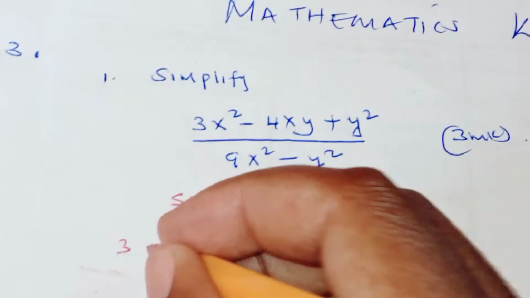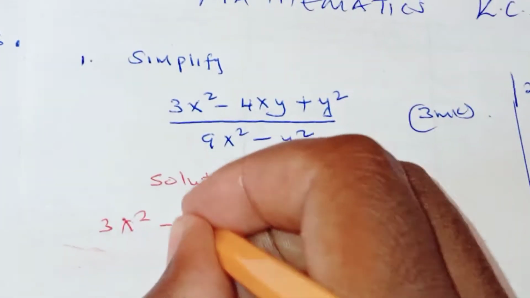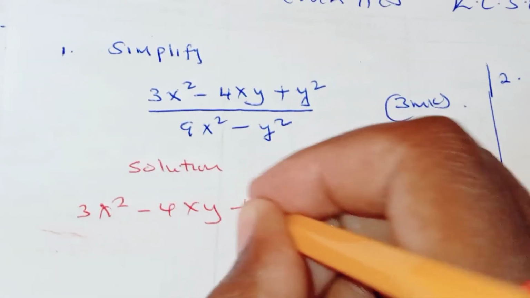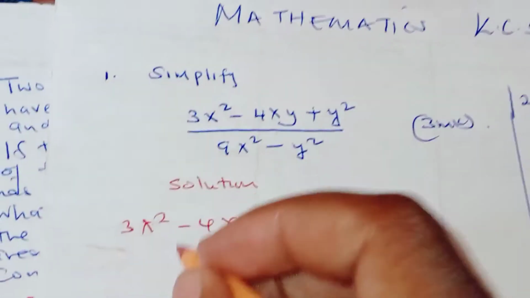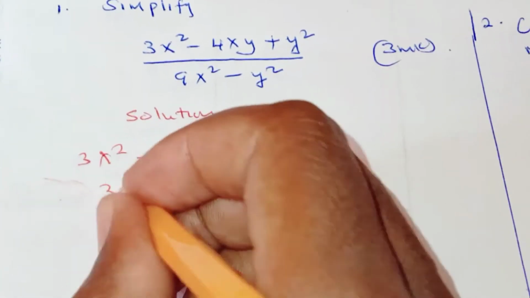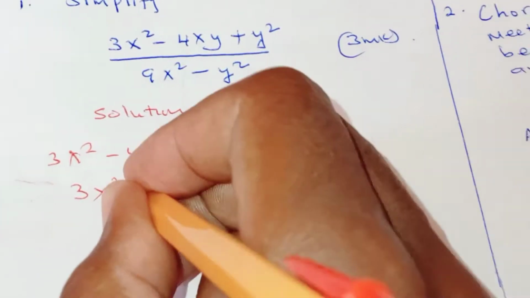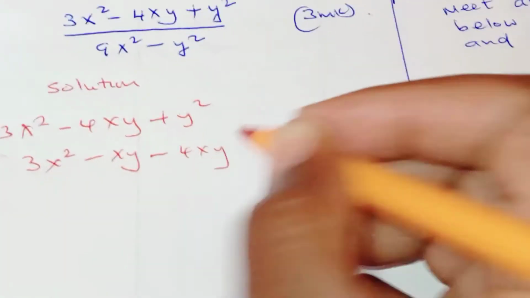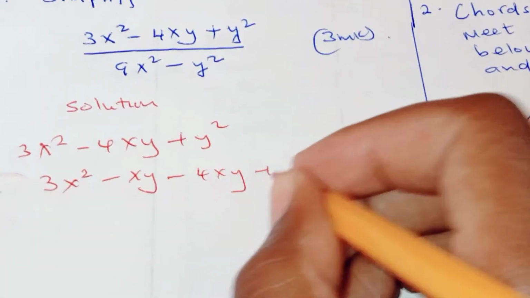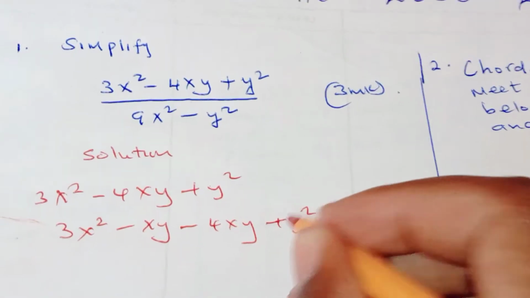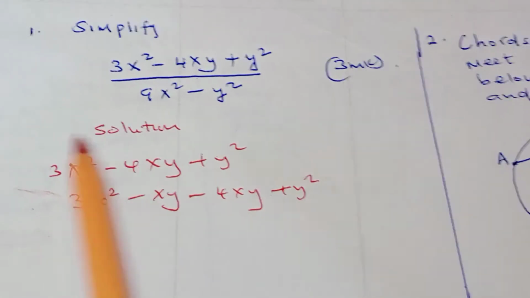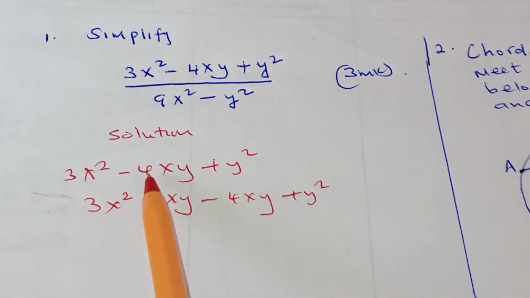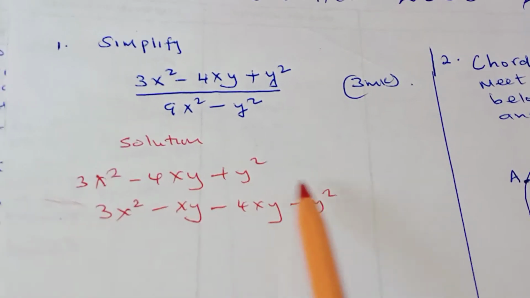So I will take the numerator, which is 3x squared minus 4xy plus y squared, and this one can factor into 3x squared minus xy minus 3xy plus y squared. So what I've done, I've picked two numbers whose sum is -4 and the product is 3.